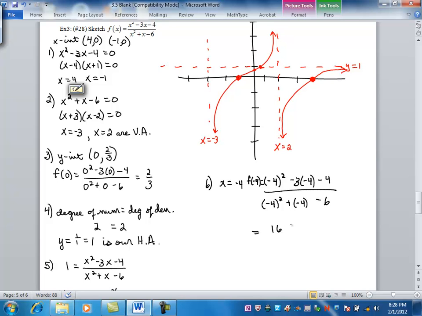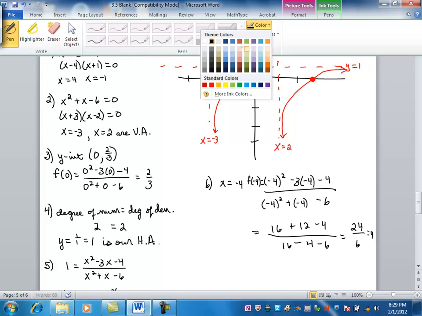Alright, 16 plus 12 minus 4 all over 16 minus 4 minus 6. 28 minus 4 is 24. 16 minus 10 is 6. This is 4. So we are above the line y equal 1.